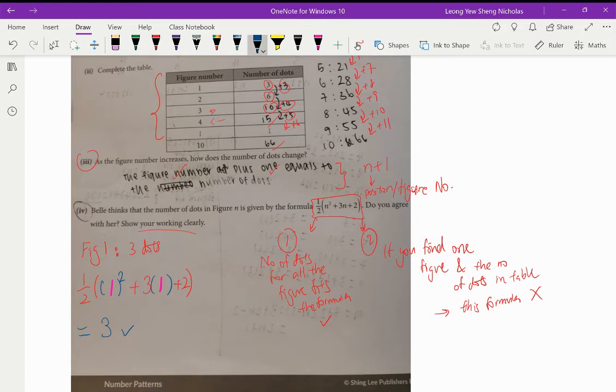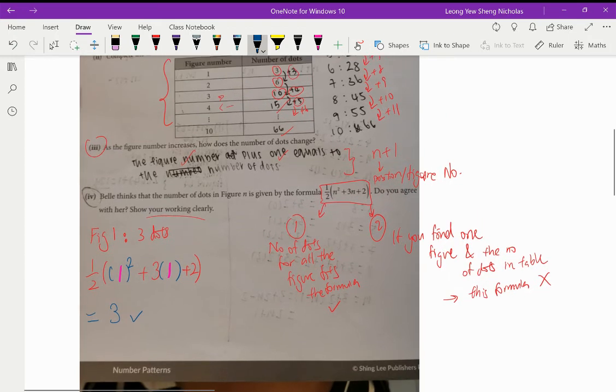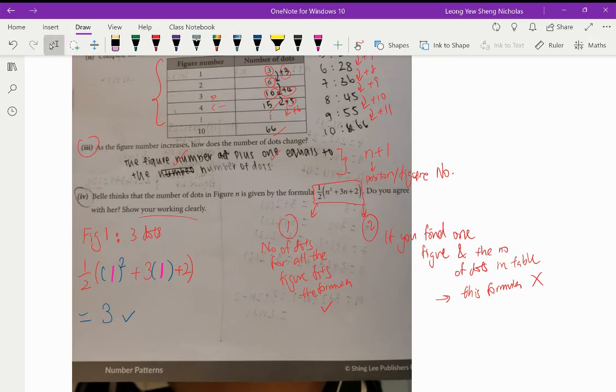So let's check the next one. Let's say I pick somewhere in the middle. Figure 3 has 10 dots. Let's see whether it works or not.